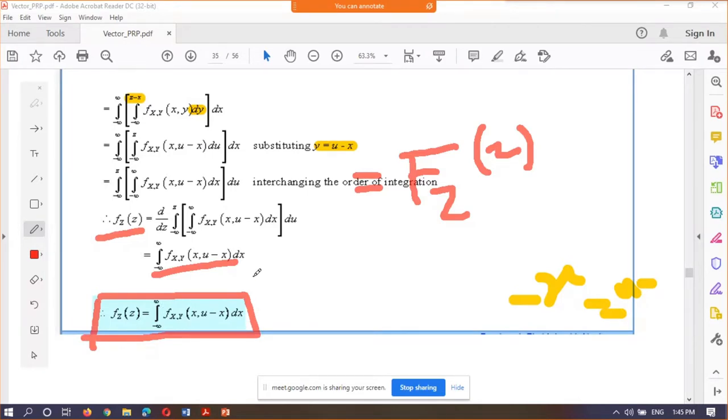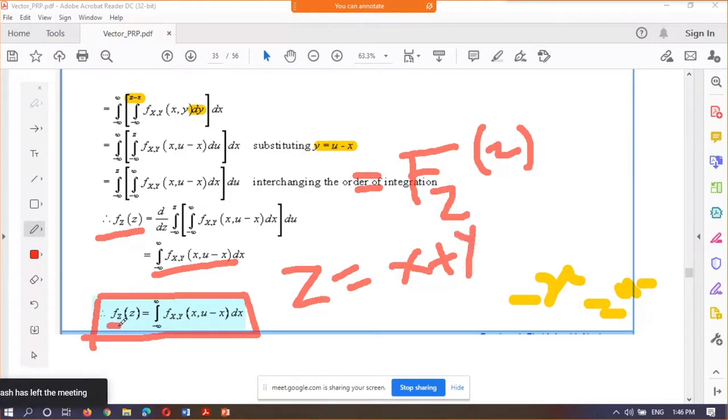This is the way to calculate, because here there is no requirement of doing double integration. If you have a variable z defined as x plus y, only of this form, and you know the density function of x, or of y, or the joint density function of x and y, then you can easily calculate the density function of z by using this formula, f_{X,Y}(x, u minus x) dx, integrating within the limits minus infinity to plus infinity.